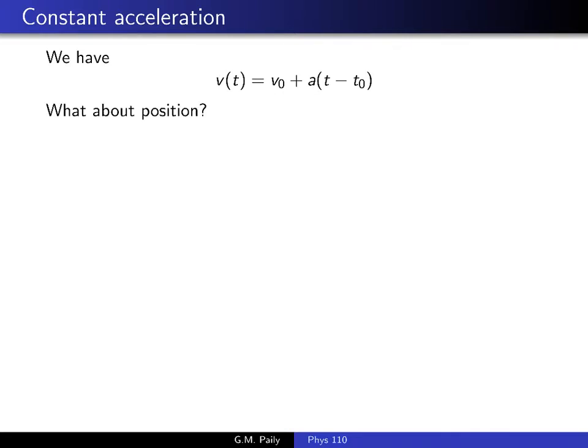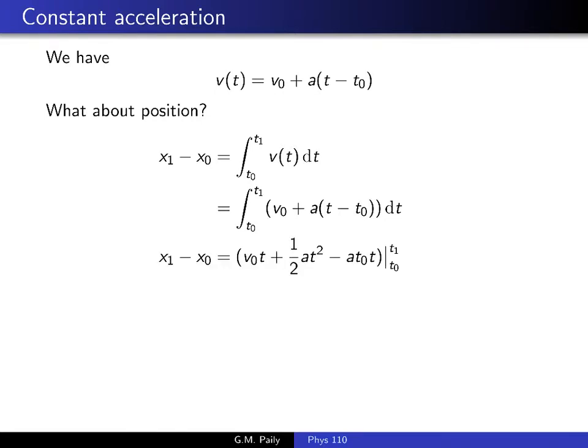What about position? We start with this relation. And since we are looking at the case of constant acceleration, we can plug in this expression. So instead of v of t, we plug in this. We have that here. v0 is a constant, so the integral of v0 dt is just v0 times t.